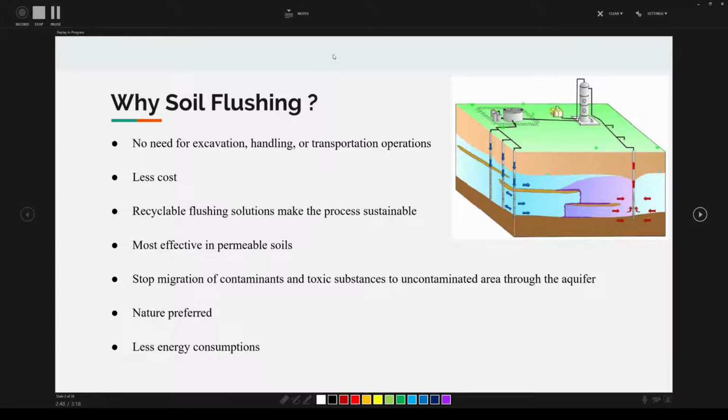So potential environmental harm will be associated with the ex situ operation, but in situ, we don't need to make any changes to the terrain or any strata structure. So that's why it's called nature preferred. And of course, the last one is less energy consumption. We need less excavation, less human resources, and less machine use, so less energy consumption.